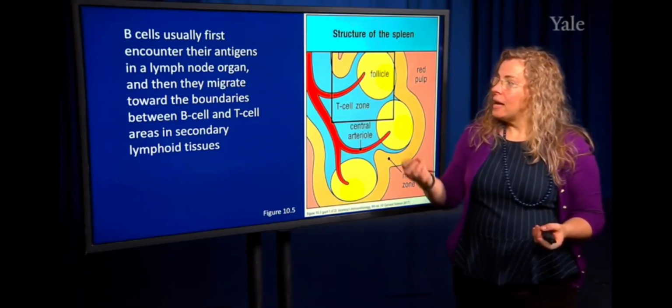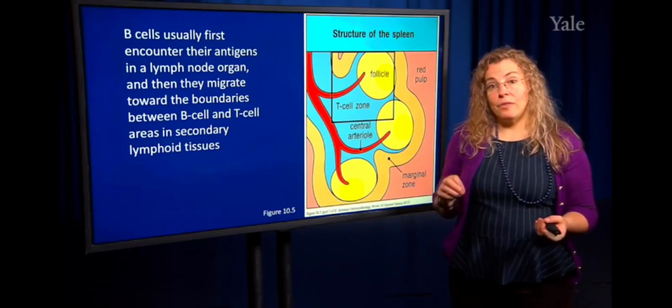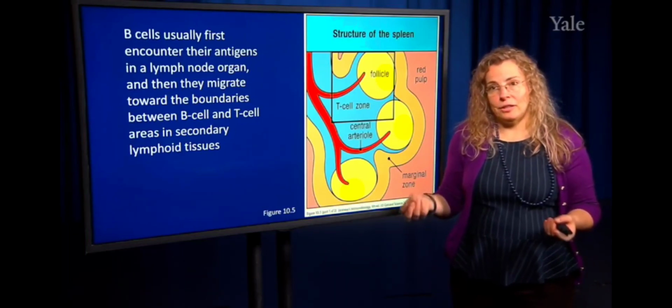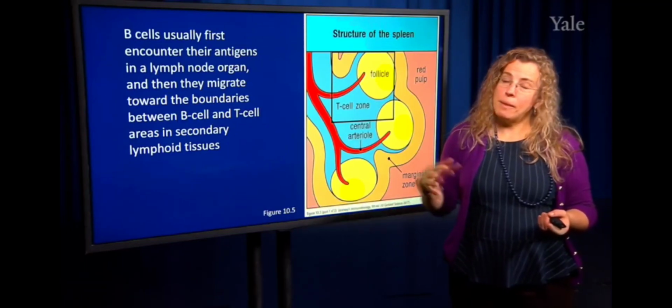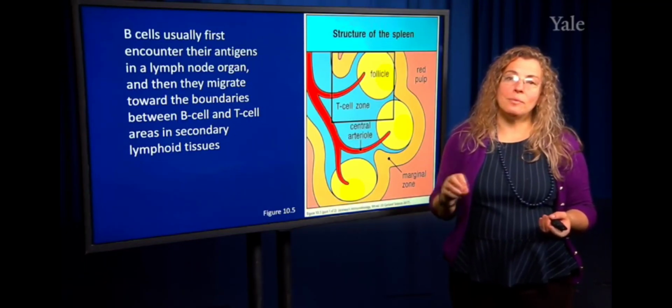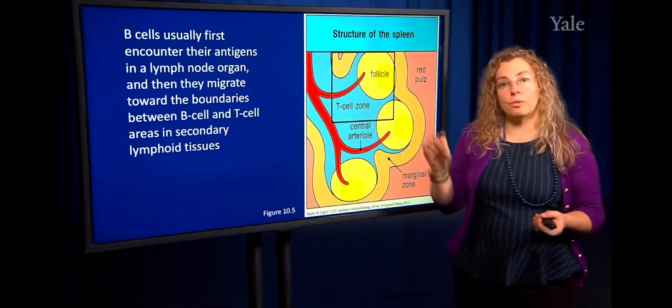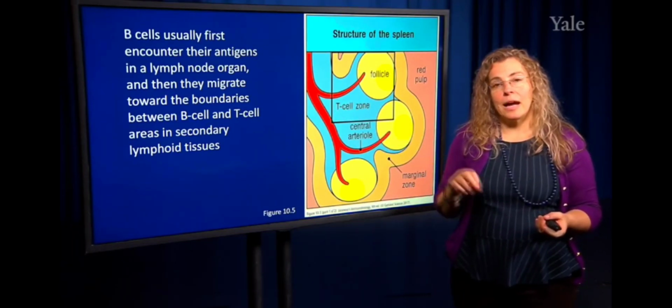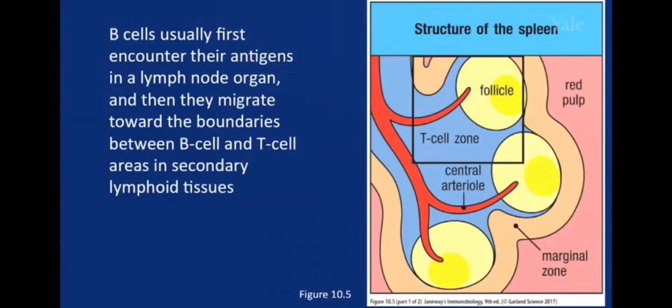The antigens have to come through the blood. Now, if you have a blood-borne pathogen like malaria, the antigens will be in the blood. But remember, a lot of infections don't like to be in the blood. So the antigens have to still get transported through the blood, but they'll do that on innate cells, and we'll talk about that on the next slide. But once they come into the spleen, then the B cells can see what those antigens are, and that happens in these follicles.